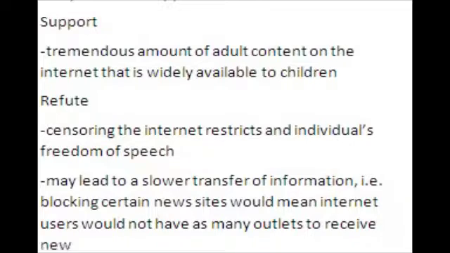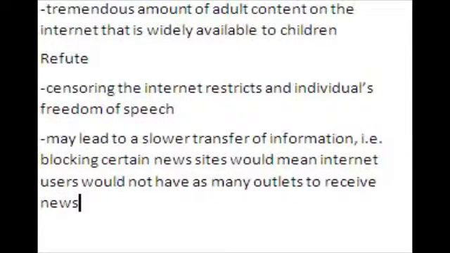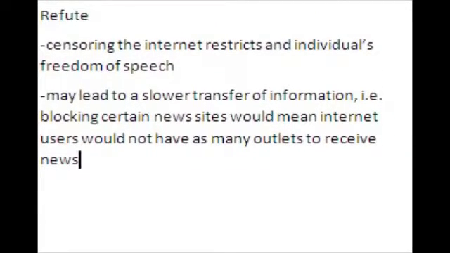So if the government is controlling the internet, well, that just means that certain websites would be blocked, and that means that there are less avenues for people to get information. So overall, perhaps this would slow the transfer of information. So that's another idea that could refute the concept of the government controlling what is on the internet, or what the people of its country can see on the internet.